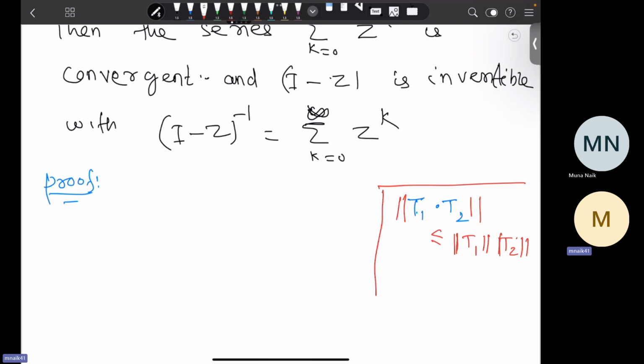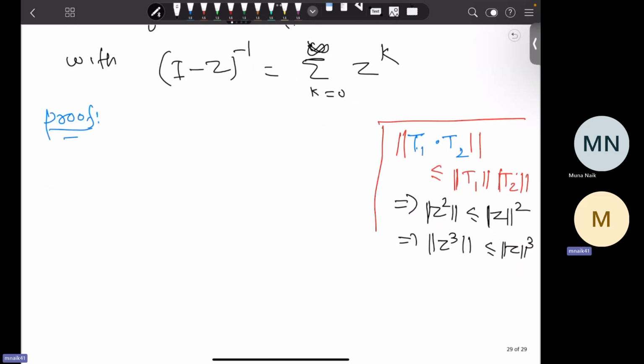Now if you put Z in place of T1 and T2, the operator norm of Z squared is less than or equal to the square of the operator norm of Z. Similarly, you will get that the operator norm of Z cubed is less than or equal to the cube of the operator norm of Z. So this will give me that the operator norm of Z^k is less than or equal to the k-th power of the operator norm of Z.